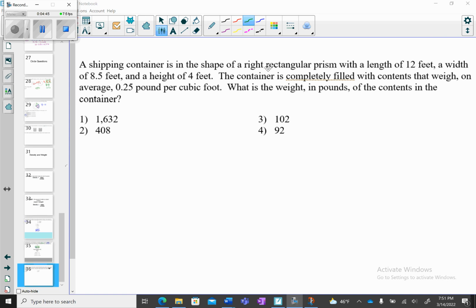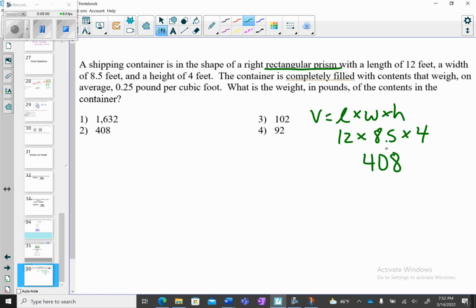Okay. So it says rectangular prism, so that means we're going to have to find the volume, so that's length times width times height. So we're going to do 12 times 8.5 times 4, and that's going to end up giving us 408. Now, because we want the weight, we're going to use our formula. Density is equal to mass over volume.